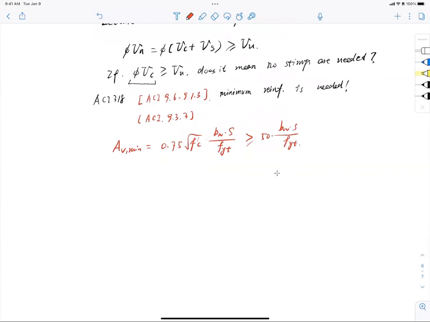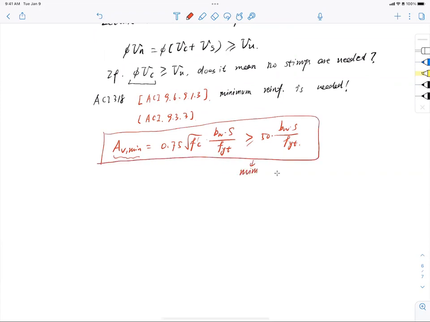Now this, ladies and gentlemen, is the minimum shear reinforcement requirement.